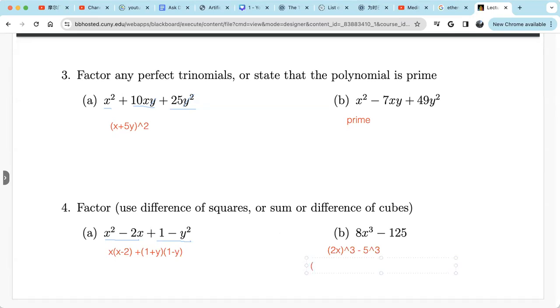It can be factored as 2x minus 5, times 2x squared, which is 2x parentheses squared, which is 4x squared, plus 2x times 5, which gives us 10x, then plus 5 squared, which is 25. And the 4x squared plus 10x plus 25 cannot be factored. So that's by the formula of the difference of 2 cubes.